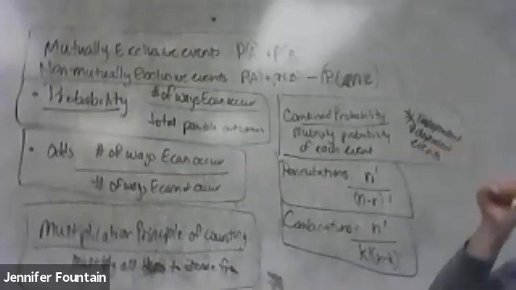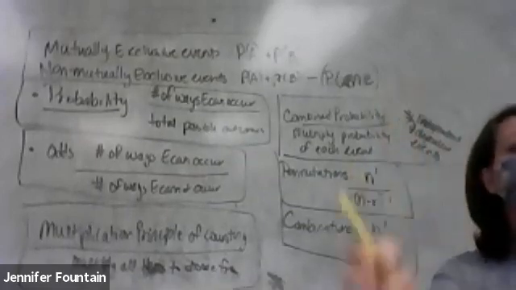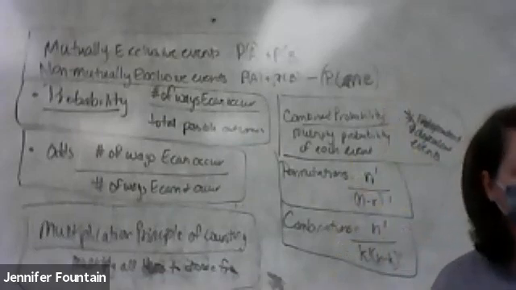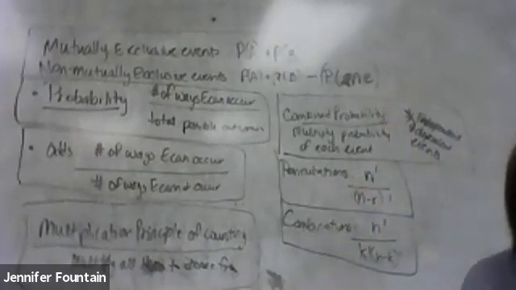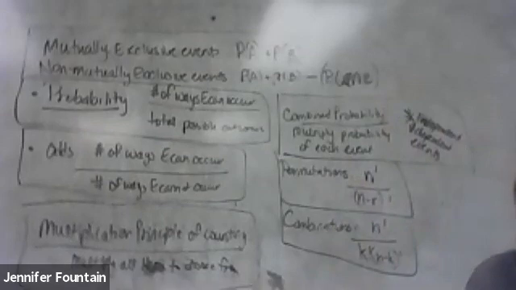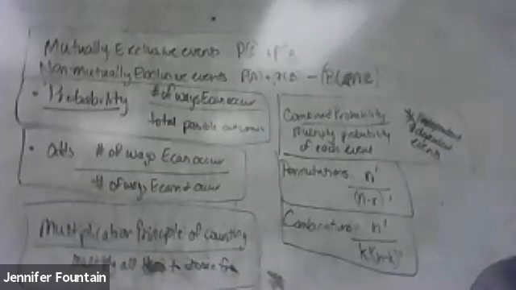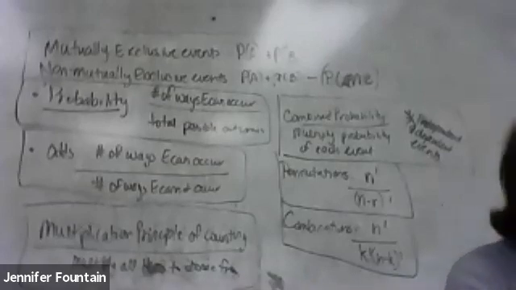Okay, so I've got to think about what's the probability of the first event happening. Then how does that affect the probability of the second event? So what is the probability of getting an even number? 2 out of 5, good, because I have a total of 5 ping pong balls.